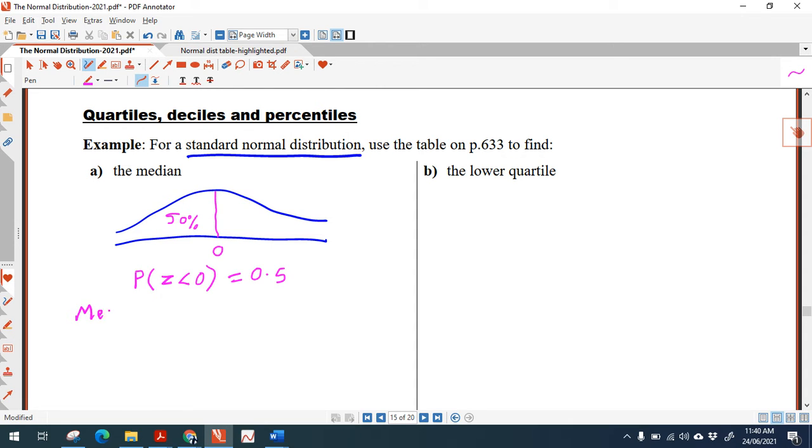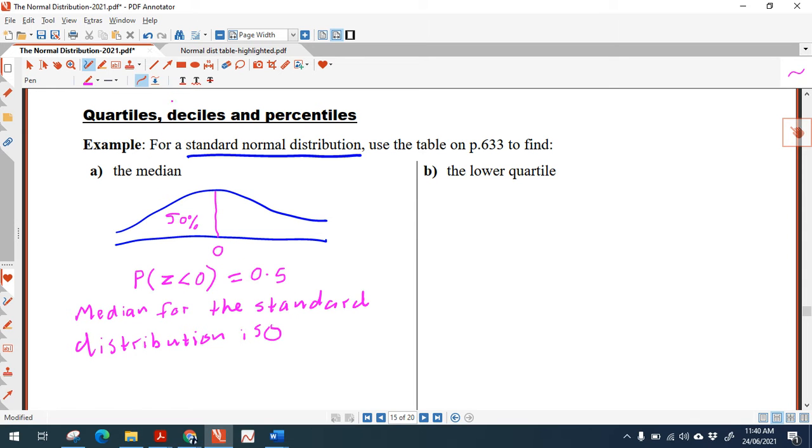So the median for the standard or z distribution is 0.